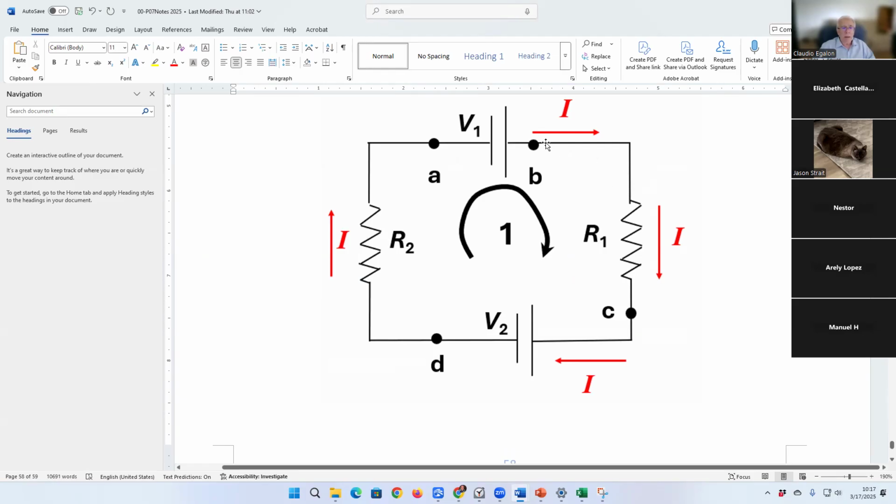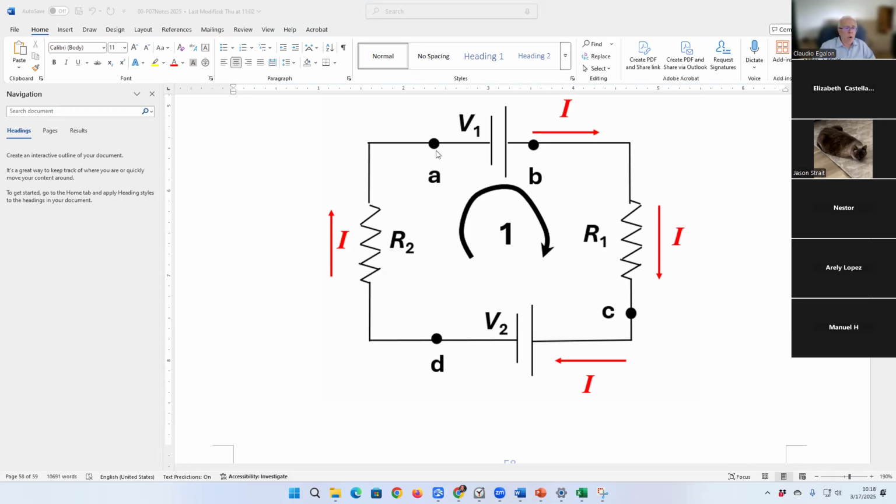Why is that? Because I do not have any elements here whatsoever. Only a regular wire that has no resistance whatsoever. Let's assume that we have no resistance. That's why I didn't put a point C here, because a regular wire is not considered an element, since it has no resistance.